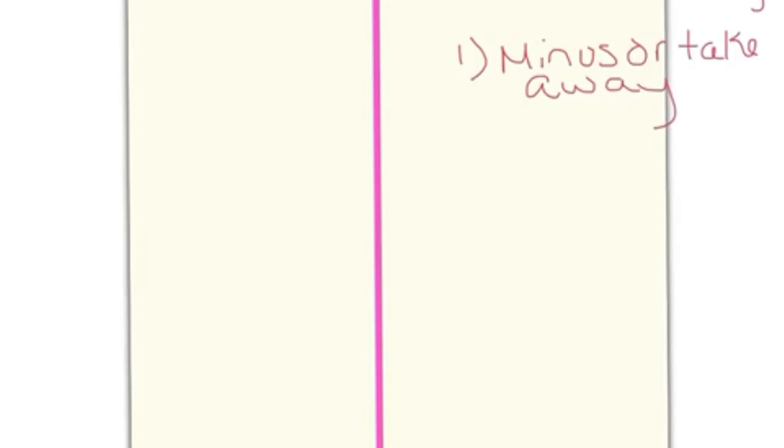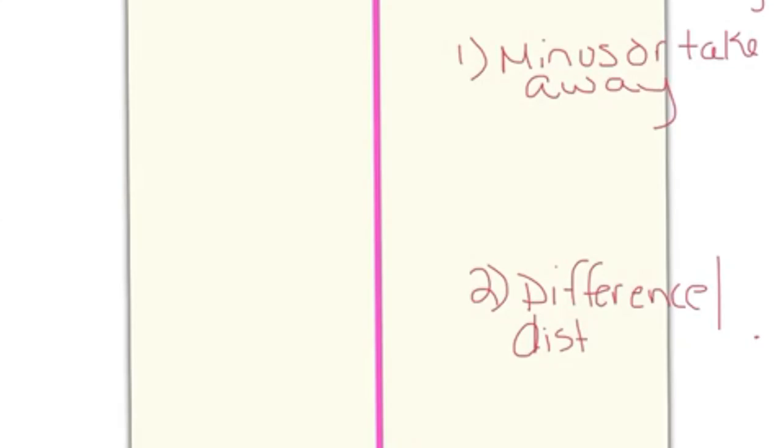The second one is the difference or the distance between 2 numbers. Let's show an example.